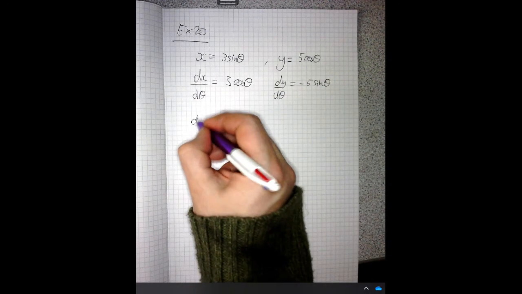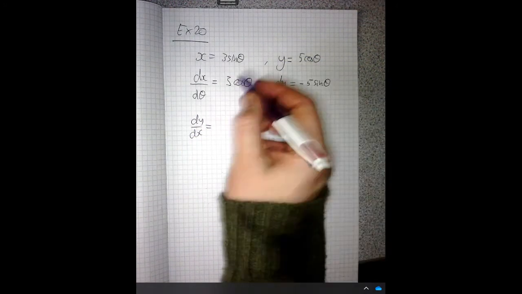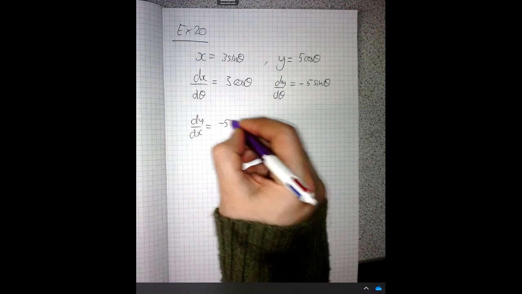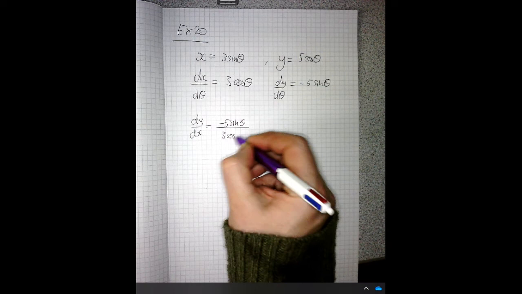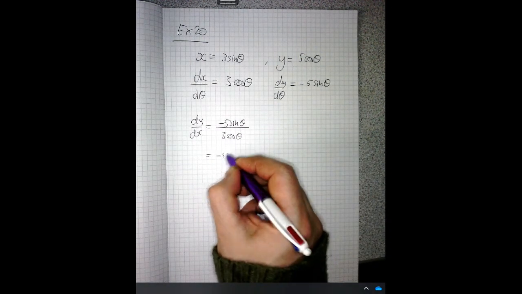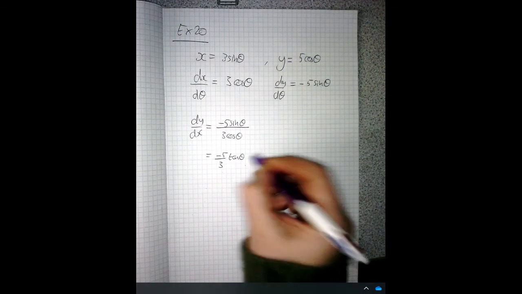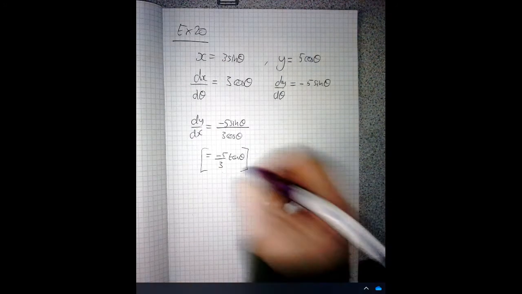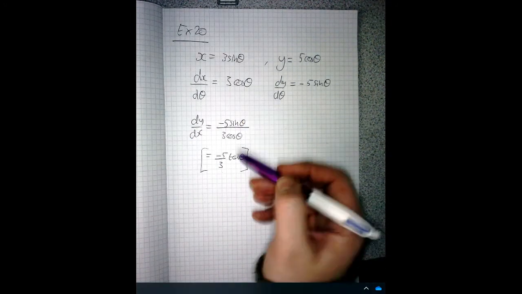So dy over dx is minus 5 sine theta over 3 cos theta, which is minus 5 over 3 tan theta. Don't necessarily need that because the question's giving me a value to sub in, and of course I can sub it into either of those.